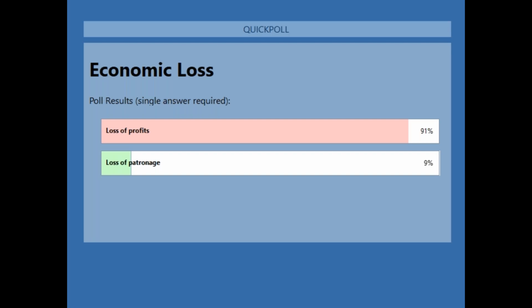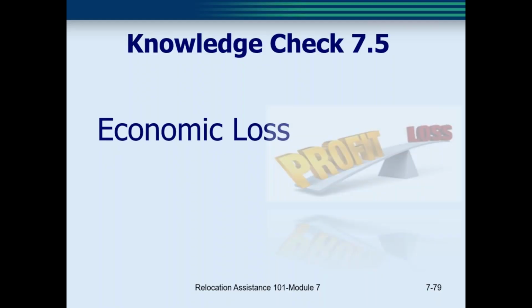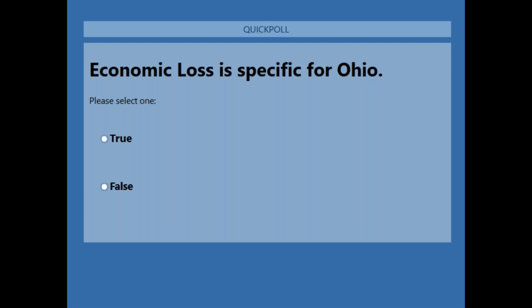And the correct answer is A. It is loss of profits. Remember, goodwill is the one that's all about the customers and the loss of patronage. Economic loss is all about loss of profit.